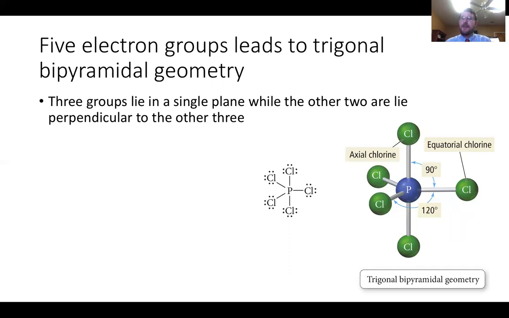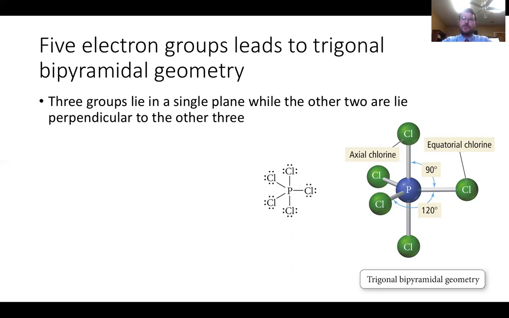Let's add a 5th electron group. We get what's known as trigonal bipyramidal. Okay, let's think about what this means. Well, obviously, trigonal means there's a triangle in there somewhere.